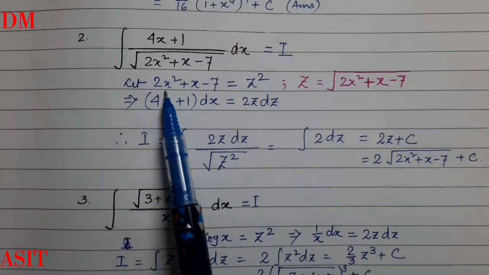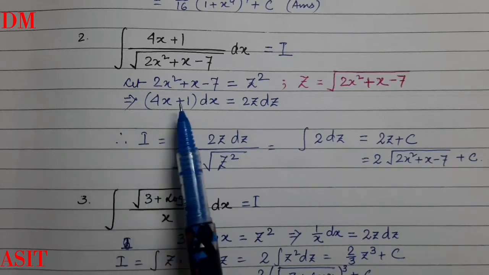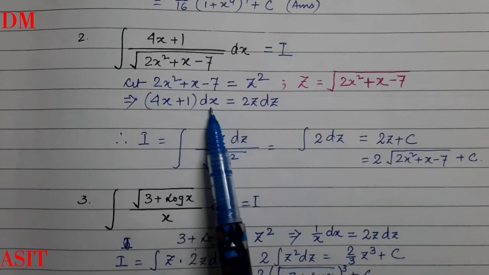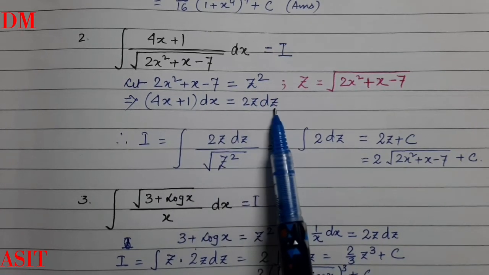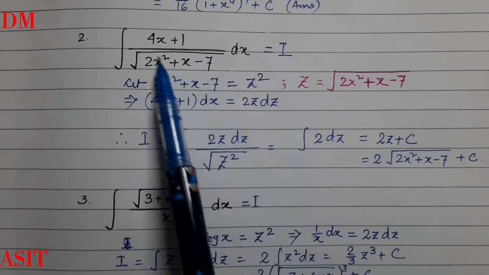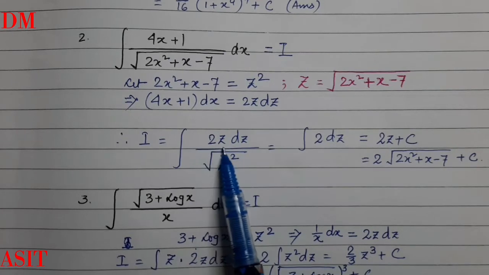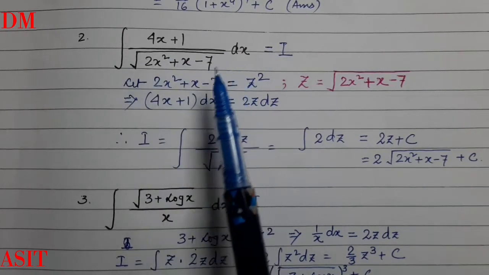So 2x square plus x minus 7 should equal z square. Now if we differentiate this, then it will become (4x plus 1) dx equals 2z dz. So (4x plus 1) dx will be replaced by 2z dz, and the denominator will be replaced by root over of z square.